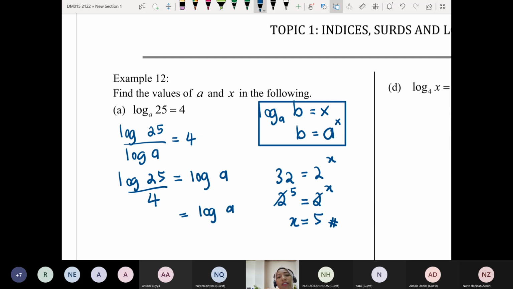Okay, log 25. Log 25 boleh disimplify tak? 5 square. Okay, tak apalah. Kalau macam tu, you guna calculator sajalah, sebab kalau kita simplify pun, kita tak pergi mana-mana. Okay, so log 25 over 4. Berapa?